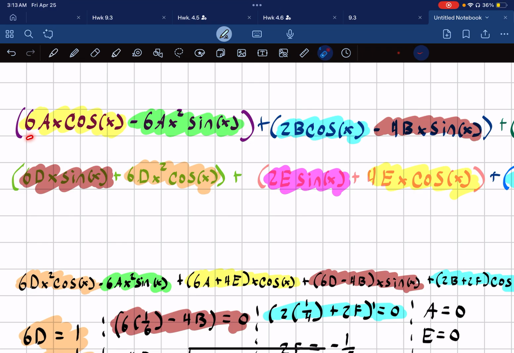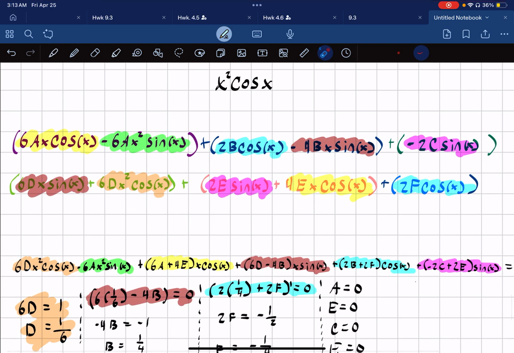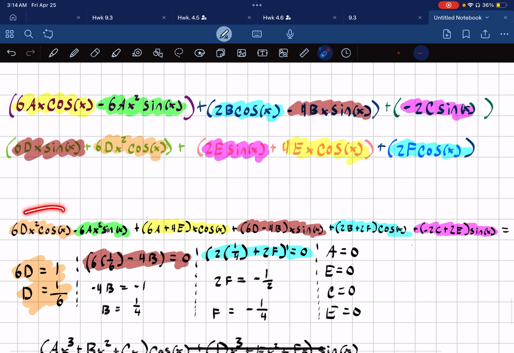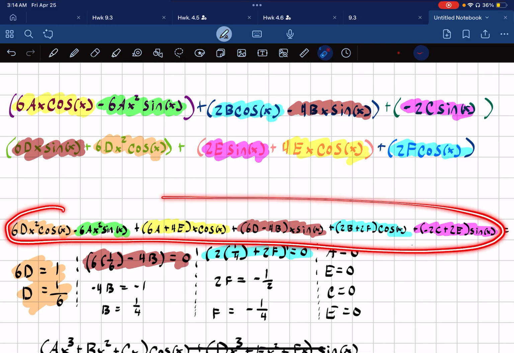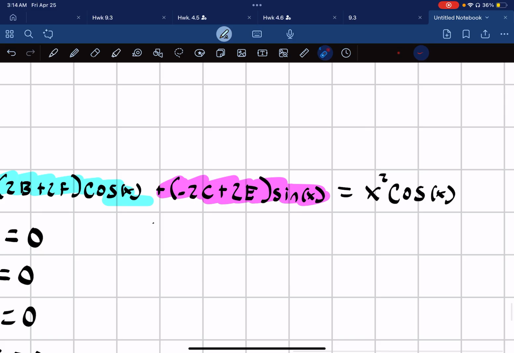So you have 6A and we have 4E, and we have this part here, and so on and so forth, until we have this. And we'll make that equal to our right-hand side, which is x squared cosine x.